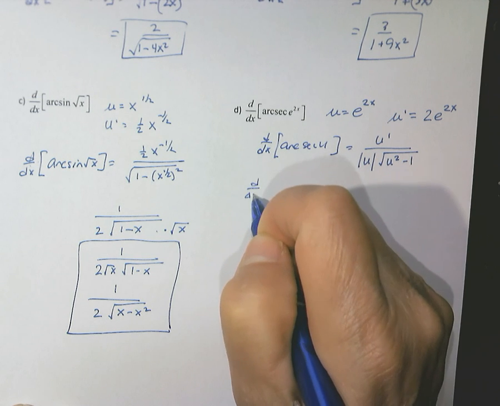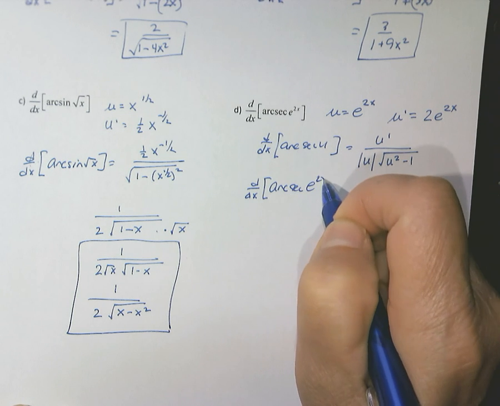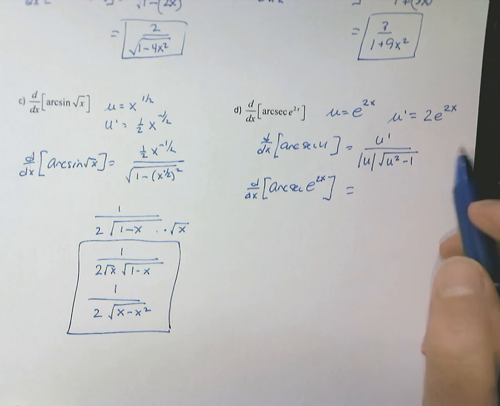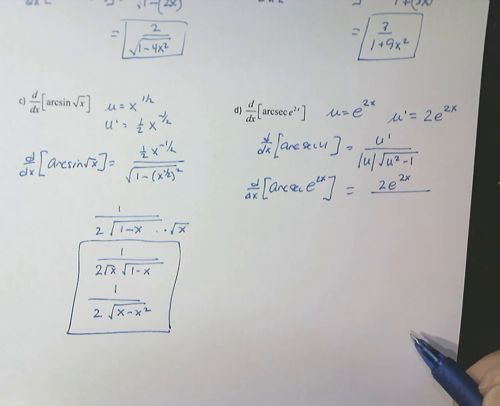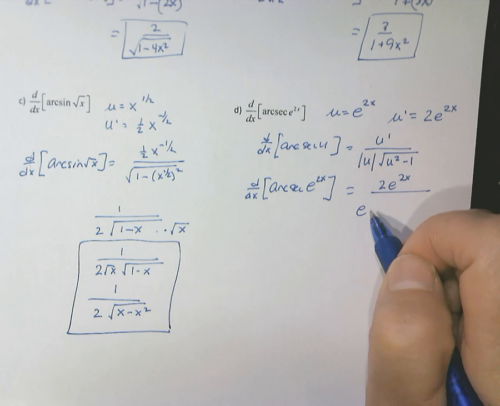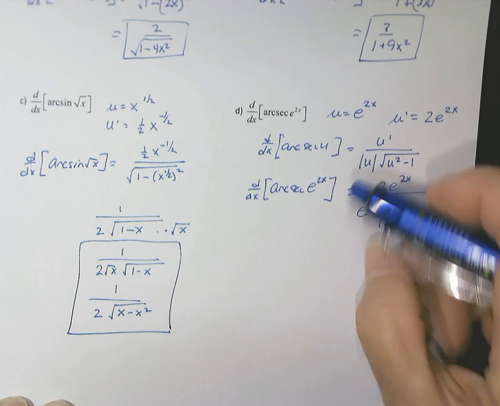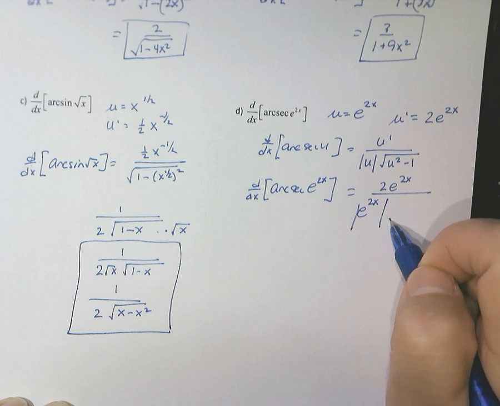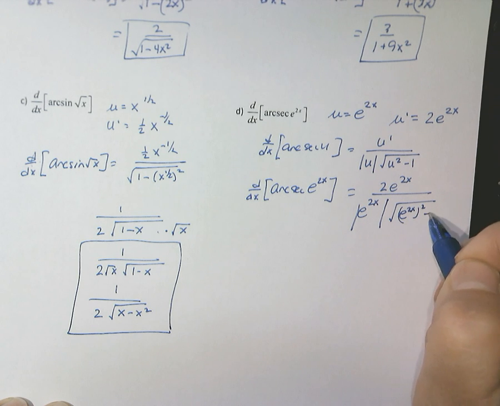The derivative of the arcsecant of e to the 2x is going to equal u prime, which is 2e to the 2x, over the absolute value of u, which is e to the 2x. Yes, put absolute value bars there. And then the square root of u squared, so (e to the 2x) squared, minus 1.